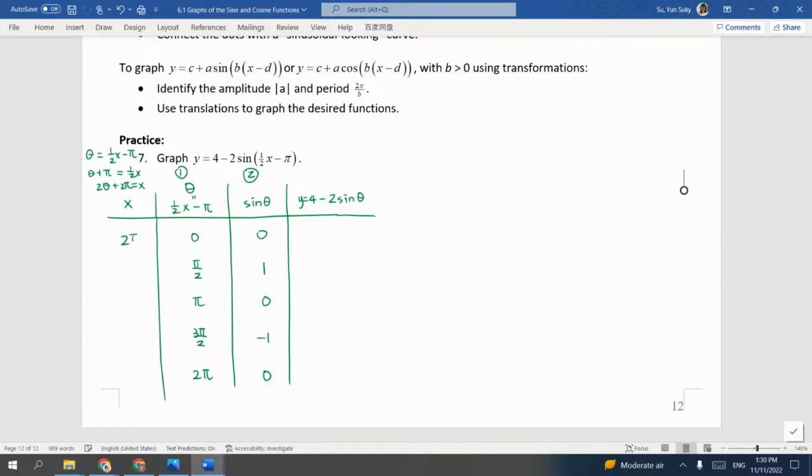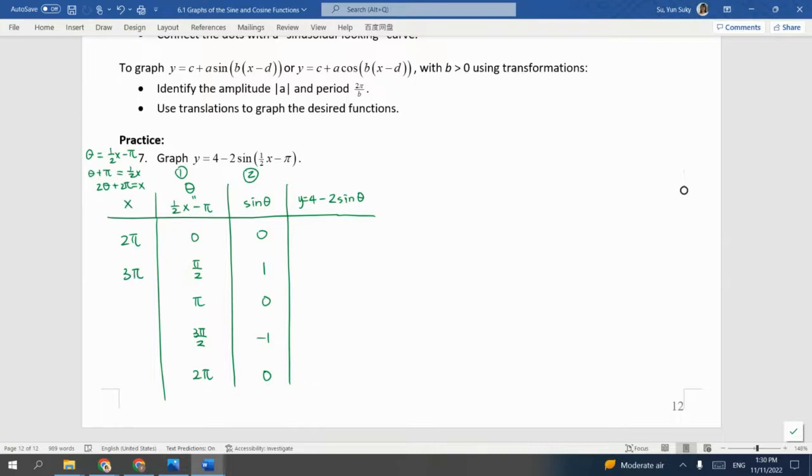How about when theta is pi over 2? You plug in theta is pi over 2. What do you get? Pi over 2 times 2 is pi, right? Pi plus 2 pi is 3 pi.